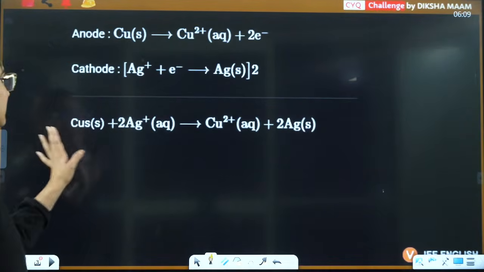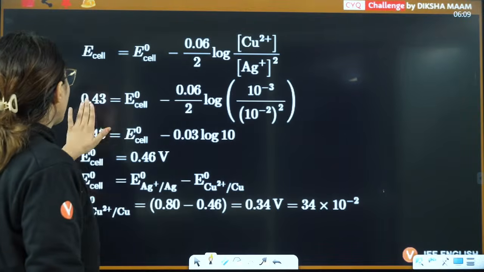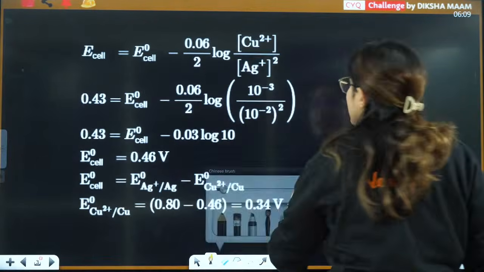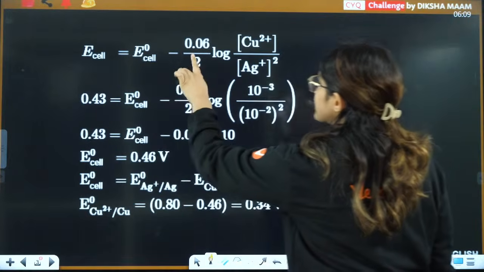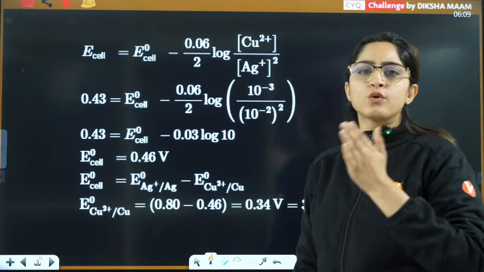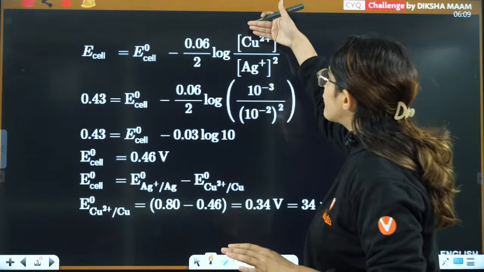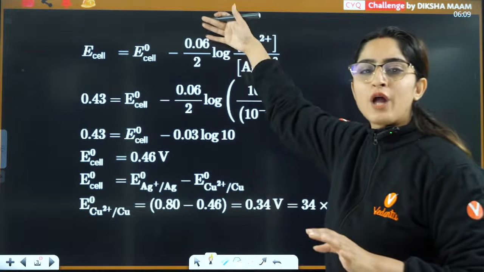Now, the Nernst equation I have written over here. The overall Nernst equation is E cell equals E naught cell minus 0.059, or 0.06, divided by n, log of oxidation by reduction, or product by reactant.